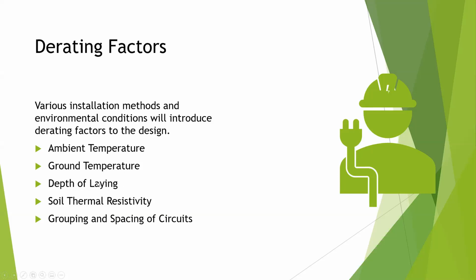And if the cables are underground, depth of laying is also considered, along with thermal resistivity, and grouping and spacing of circuits. From electrical installations, you know ambient temperature, grouping and spacing, and installation methods from the installation lecture. But here we additionally have ground temperature, depth of laying, and soil thermal resistivity.